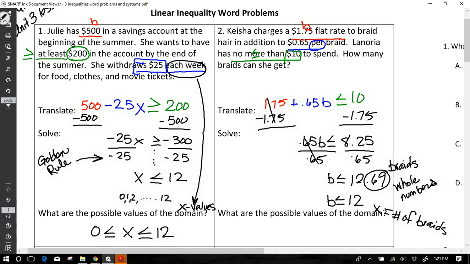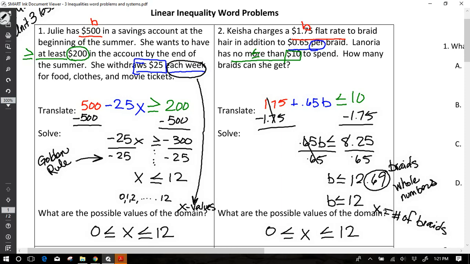So the way that I write my domain is exactly the way that I wrote it in example number 1. She can possibly pay for 0 braids and decide to spend her $10 on something else, or she can purchase at most 12 braids and then anything in between. And so that's the appropriate way to write my domain.